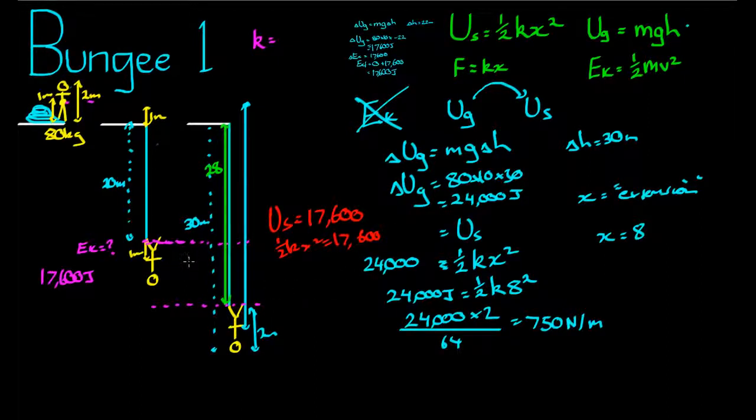They ignore the fact that gravity is still acting on the bungee jumper between this moment here and this moment here. So even though the kinetic energy of the person is 17,600 joules here, by the time they get to the bottom, if there were no spring, the total kinetic energy would actually be 24,000 joules. And that is what is being impeded by the spring. So don't forget to add the last little bit of gravitational potential energy caused by that drop there.